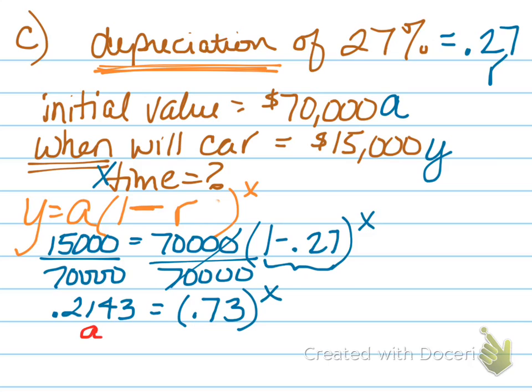So this is my A, this is B, this is X. So I change this to equal the log base B, 0.73, of A, 0.2143, and when I calculate that, I will find out what X is.